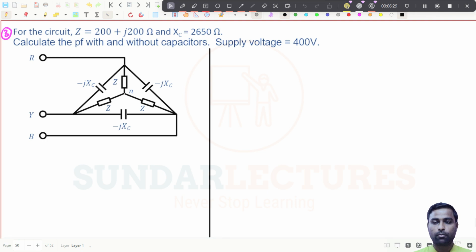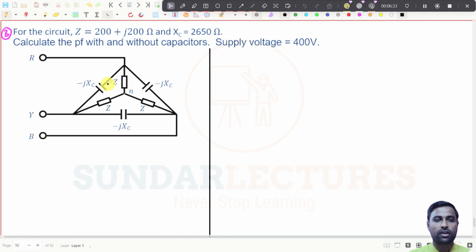You have to find both values, with and without capacitor. With and without capacitor means, with the capacitor, what is the power factor of this particular circuit, and if you don't have any capacitors, then what is the power factor value. And they have given you the supply voltage to be 400 volt, then it is the line voltage, right? Now let us assume that the given question is very simple, right?